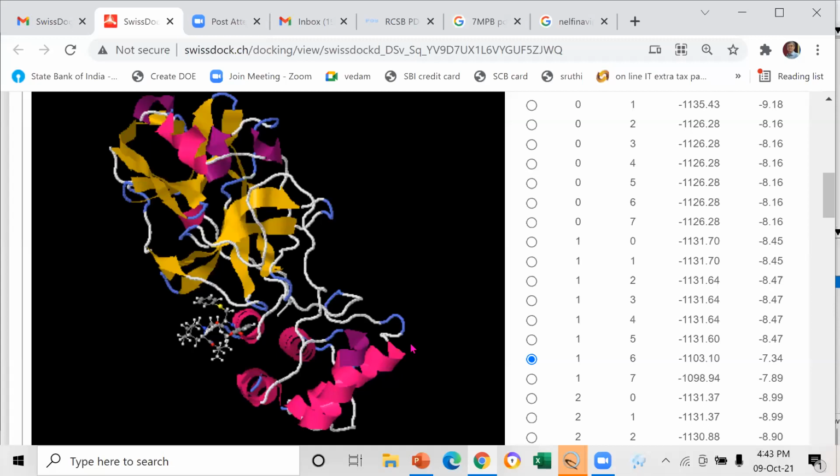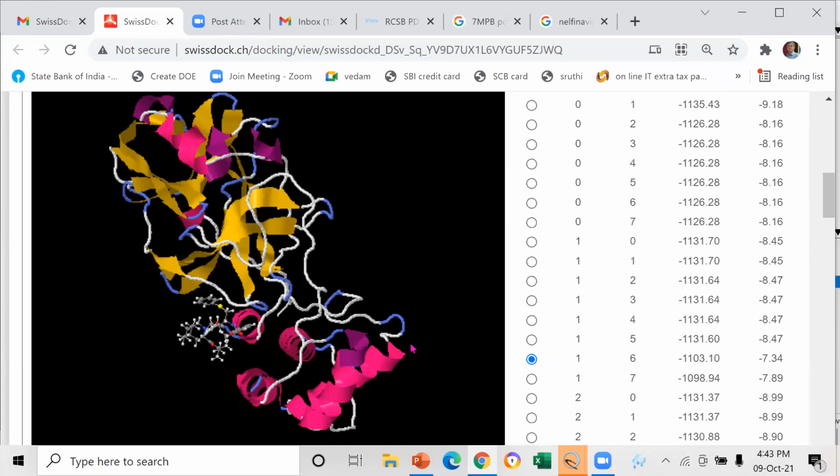So in SwissDock, you give your protein, whatever you have selected and stored. Ligand, if the ligand is already available in ZINC, you can give the ZINC database and automatically it will select. Like somebody asked, if the ligand is not available, you have designed your own ligand, go to Marvin and draw your ligand, get the three-dimensional conformation, store it in Mol2 format, then use that ligand.